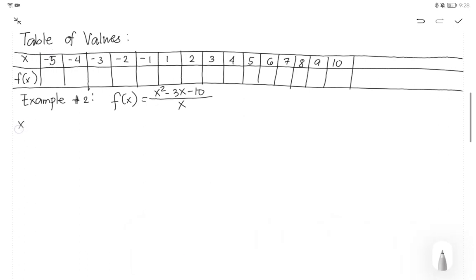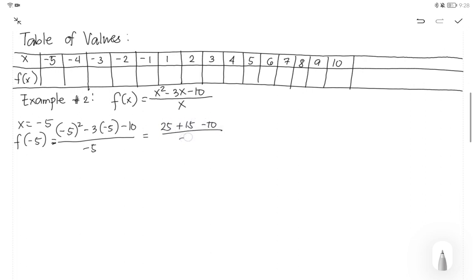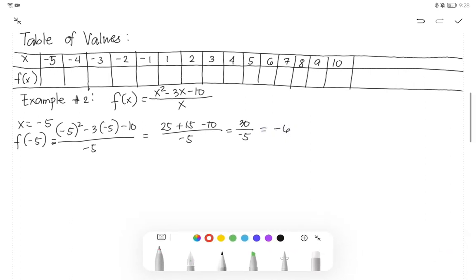When x is equal to negative 5, let's substitute that is negative 5 squared minus 3 times negative 5 minus 10 over negative 5 becomes 25 plus 15 minus 10 over negative 5, that becomes 30 over negative 5, that is negative 6. This is negative 6. Let's write this in red para makita.